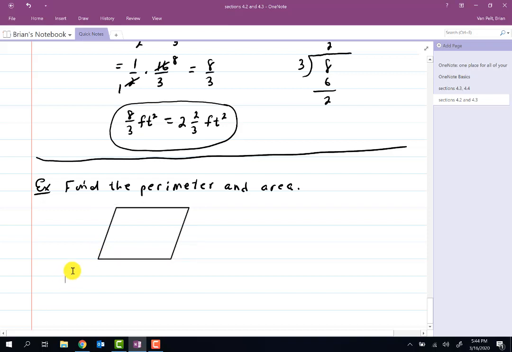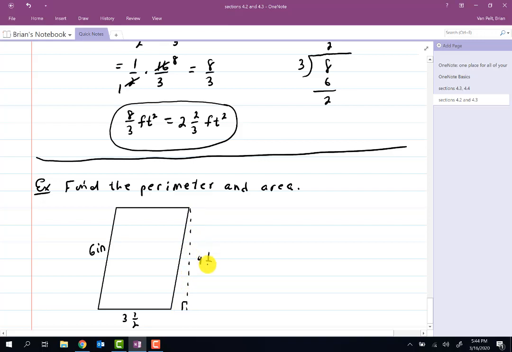I'm going to give you this length. So for this length here, I'm going to call it 6 inches. For the length down here, I'm going to call it 3 1/2. And then for the height of this thing, if I can accurately draw this in, that number is 4 1/3.